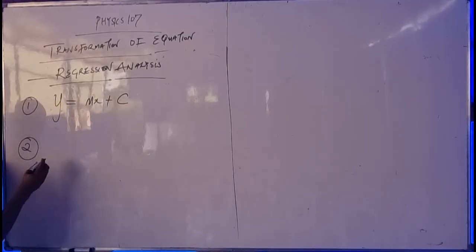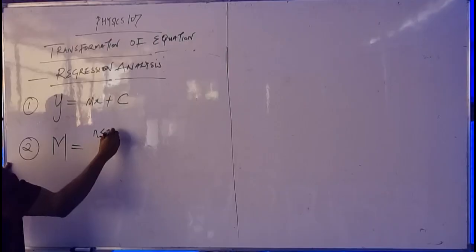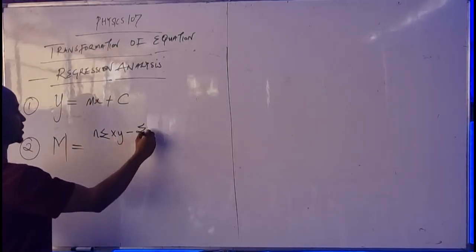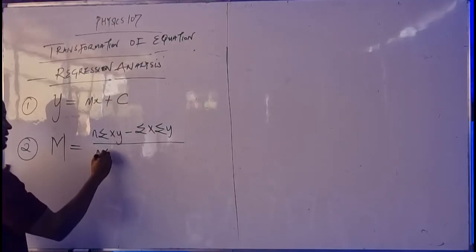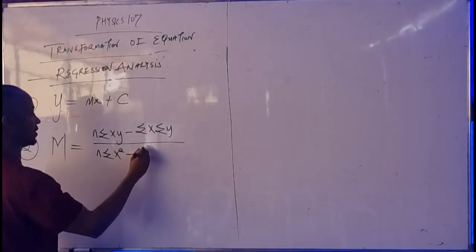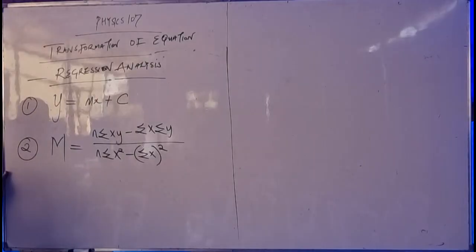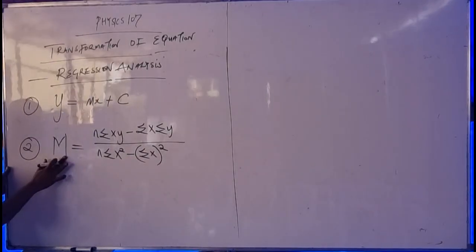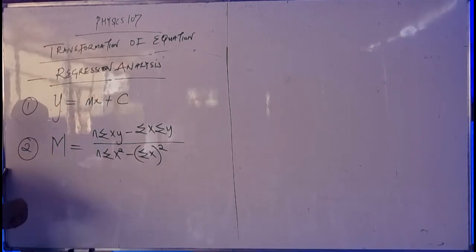The value of our slope m is equal to n summation of xy minus summation x times summation y, divided by n summation x squared minus summation x all squared. Here n is the number of experiments conducted, or number of data.